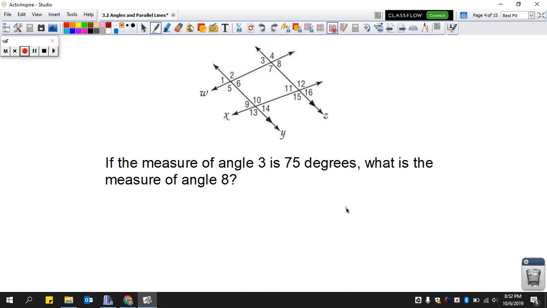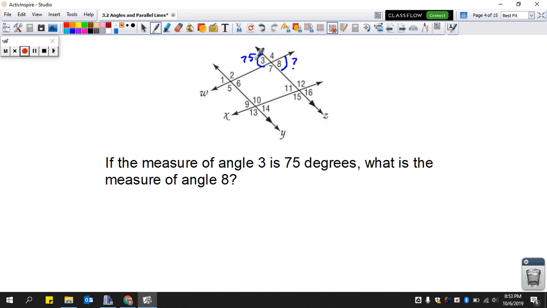All right, so a couple examples to just go over these basic points. The measure of angle 3 is 75 degrees. Angle 3 is this angle right up here. What's the measure of angle 8? Well, angle 8 is right here. Okay, so we want to find what that is.